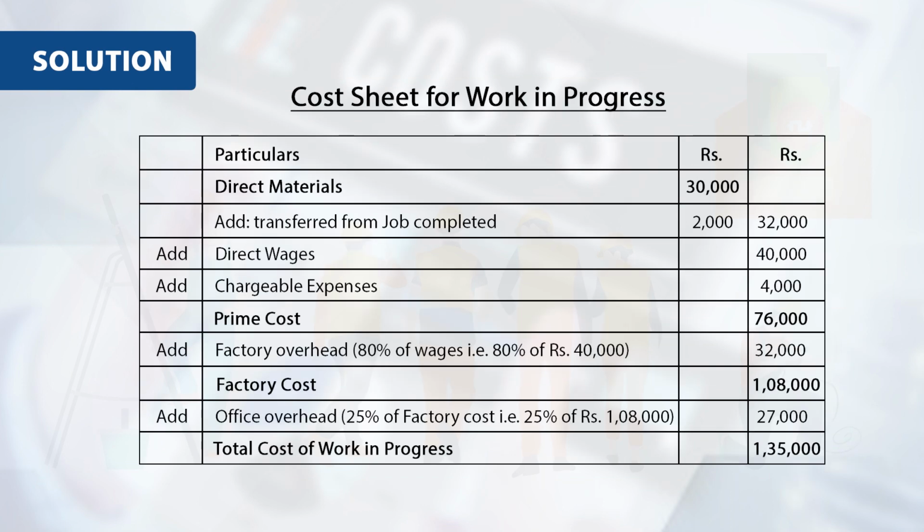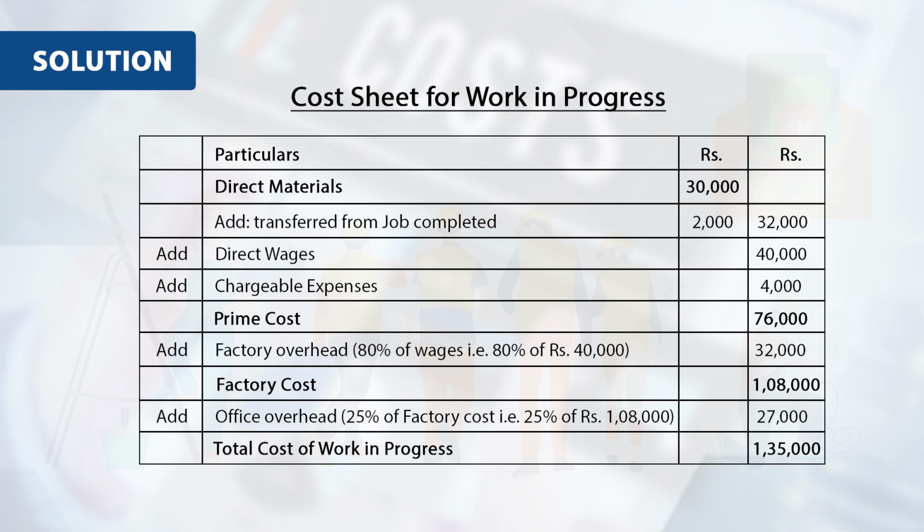Now let's prepare the cost sheet for work in progress. Here also we will prepare a statement in 3 columns: particulars, amount rupees inner column and amount rupees outer column. Direct materials 30,000, add transferred from job completed 2,000, therefore outer column amount is 32,000.